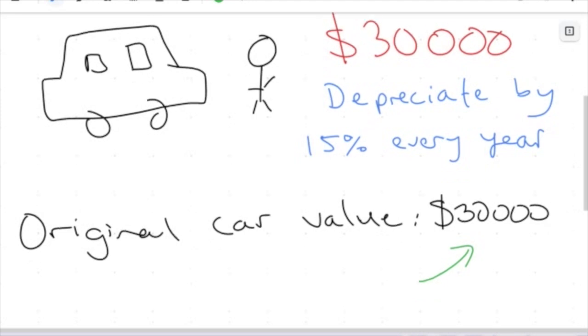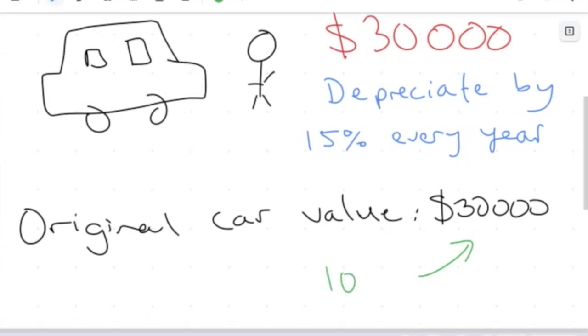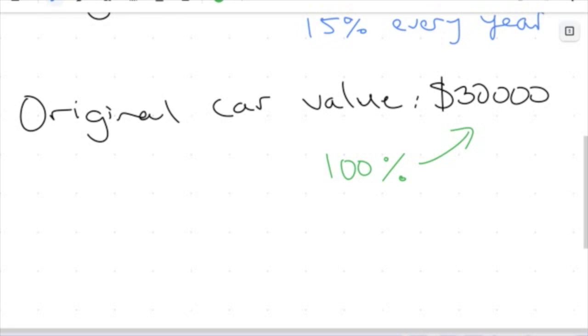You can see here where our percentages are carrying over. So this makes up 100%. Now, after 1 year, the price will be 15% less.